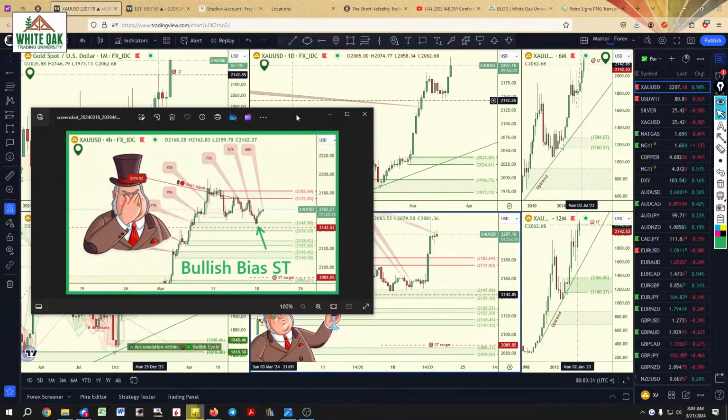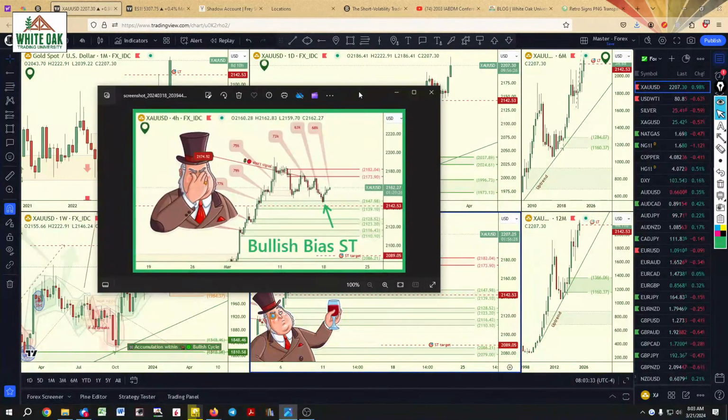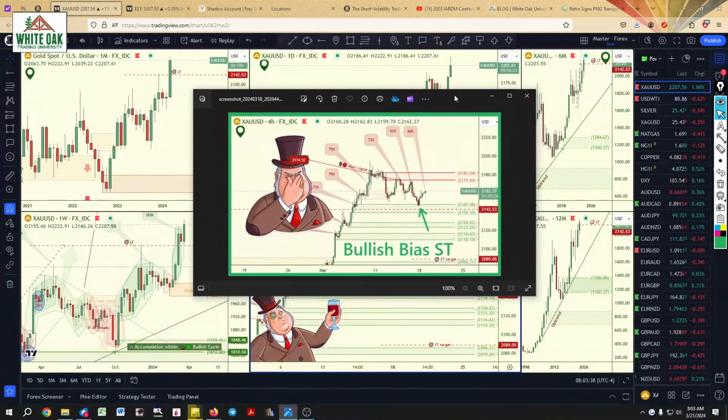First things first, if you follow us on Telegram or on Twitter, you would have noticed that I posted this chart the other day. Gold was at 2162, and I posted that short term, we have a bullish bias. Why did we have a bullish bias? There's a few reasons, but the most important reason was because retail traders were short.